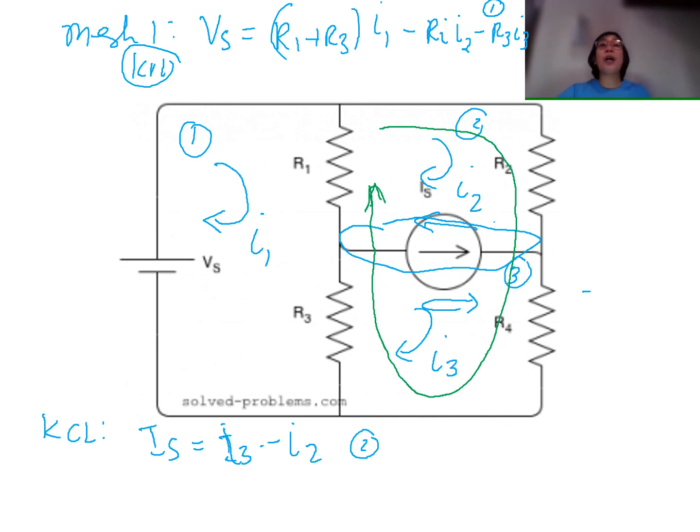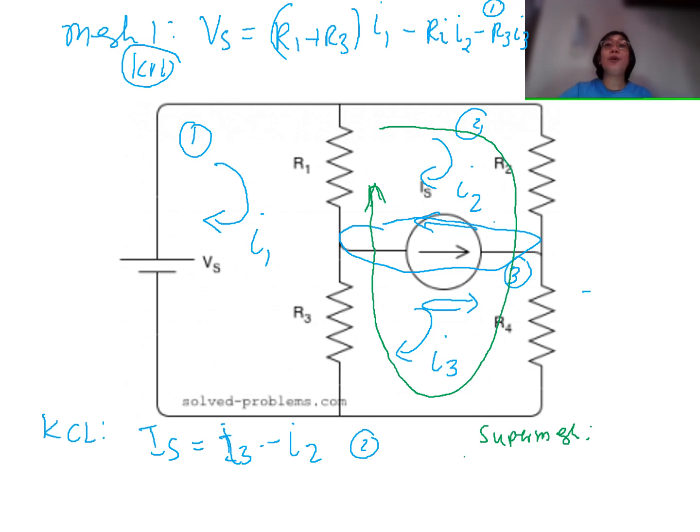For our super mesh, we will be removing the branch having the current source. As you can see, we don't have any voltage sources, so our constant is 0.